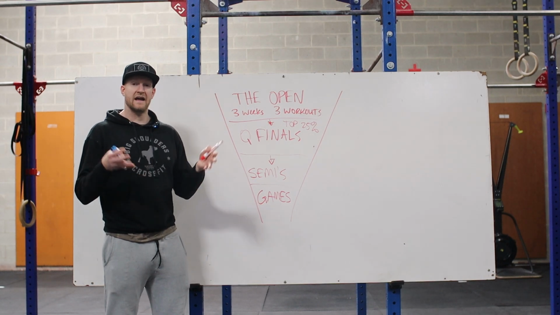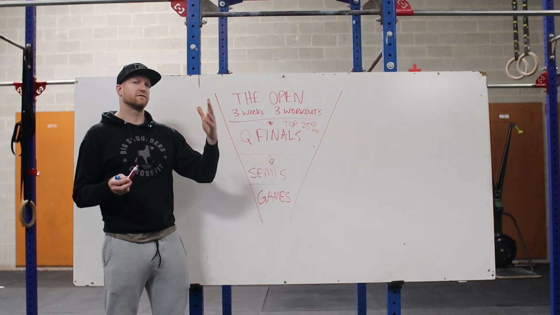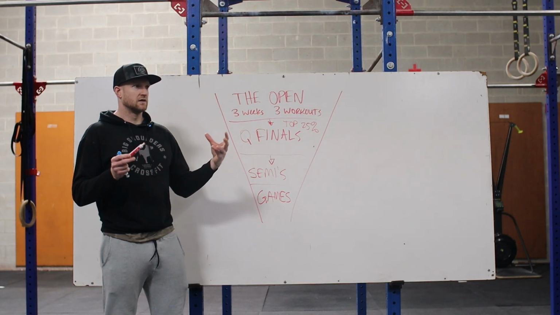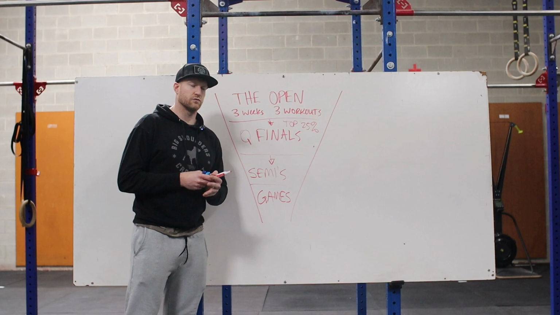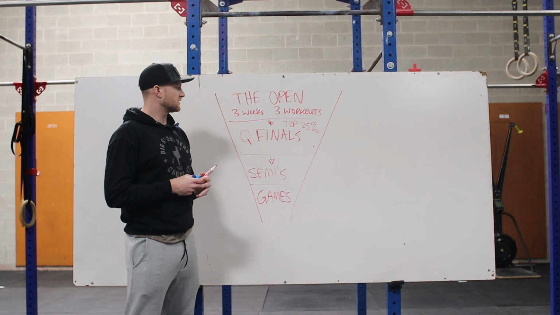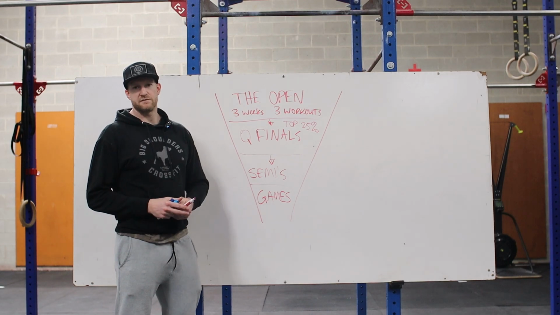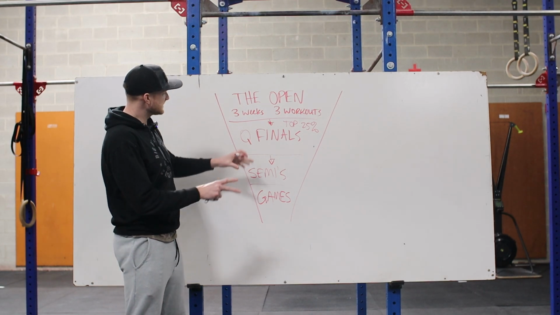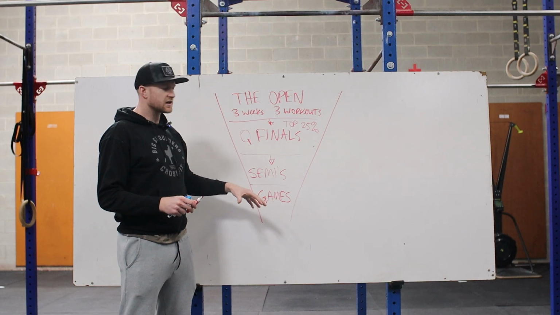Those athletes go head-to-head in person, and then the numbers actually fluctuate. They have this whole system for how they determine how many people from each region go to the Games. So it changes each year, but semis then qualifies people for the Games. So that is the CrossFit Games season in a nutshell.